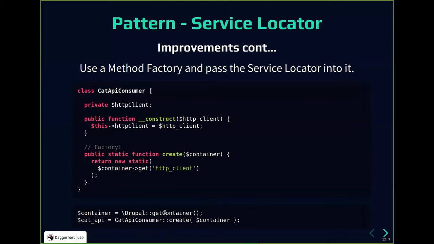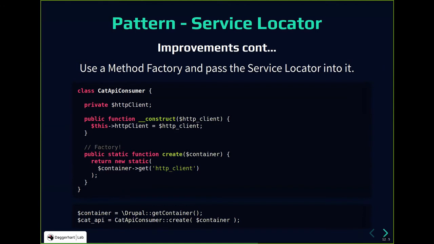And I know it looks a little odd here because the word has already become container, but we'll see how all this glues together on the next slide. So we can make use of our service locator in our code for our custom class, but by moving it to a factory, we've still allowed the instantiation of this class without the service locator. So this factory helps us create the class, and it's great. It's cool if it uses the service locator to get the HTTP client, because this factory is not a part of the fundamental functionality of the class itself.